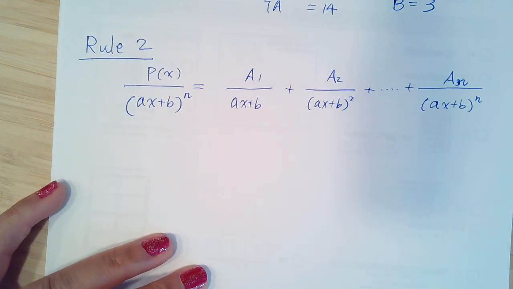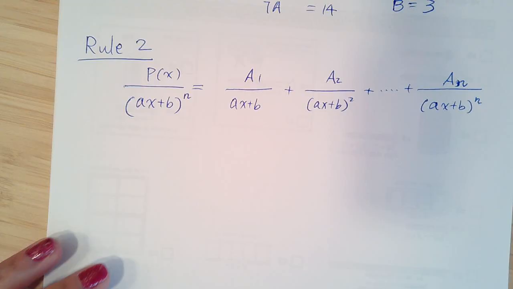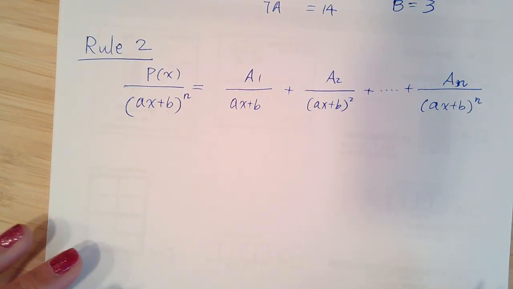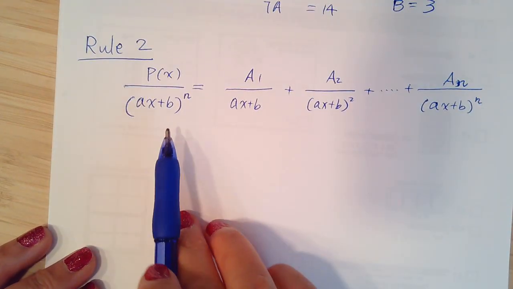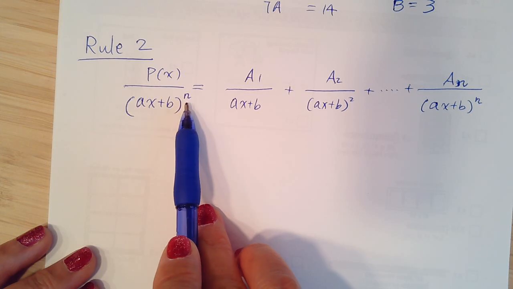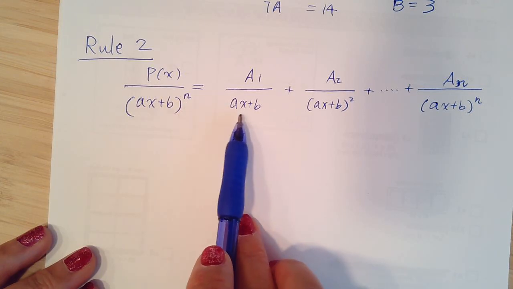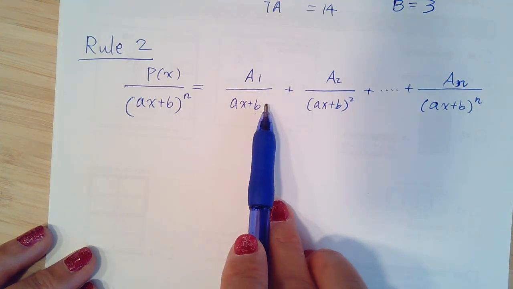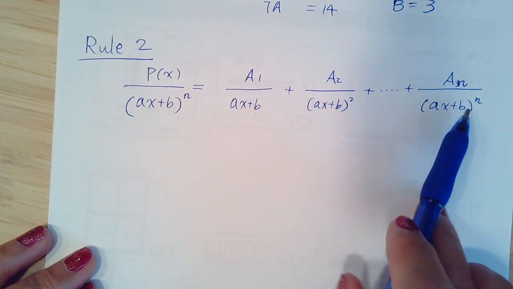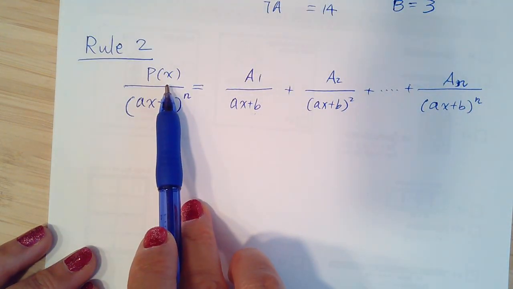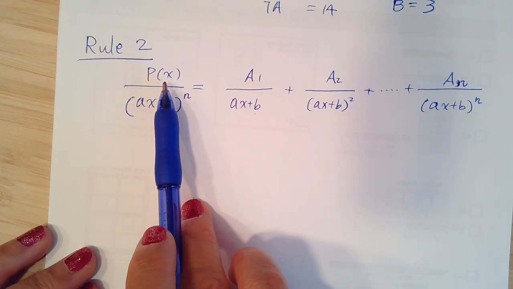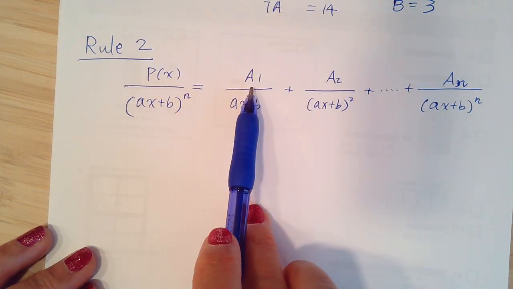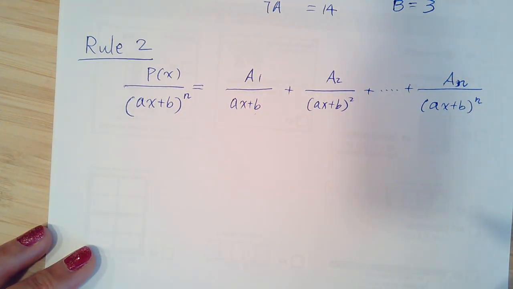Okay, so here a1 all the way to an, they're numbers, there's no x involved, which means if you have something with nth power, you can break that into this and this, first degree, second degree, and all the way to nth degree. But the numerator, you don't really have a polynomial with x, you have all the numbers. Okay, sounds good.